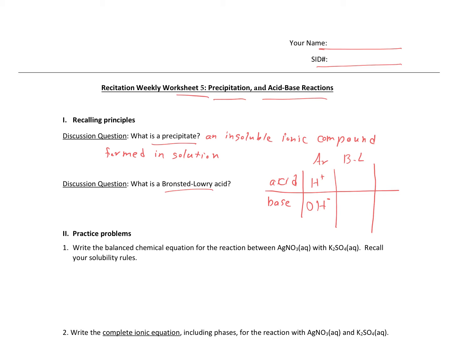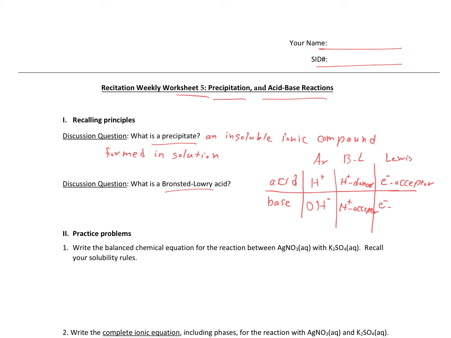So, proton, and we know that H plus is a proton. Proton donor is an acid, and proton acceptor is a base. We have another definition for acid and base, which is Lewis acid and base. So for Lewis, if a substance is an electron acceptor, it is an acid.